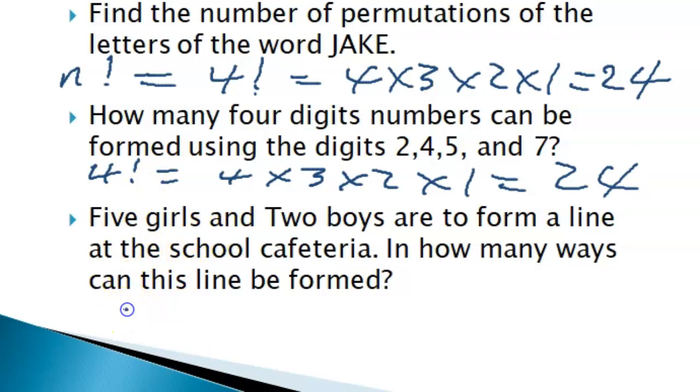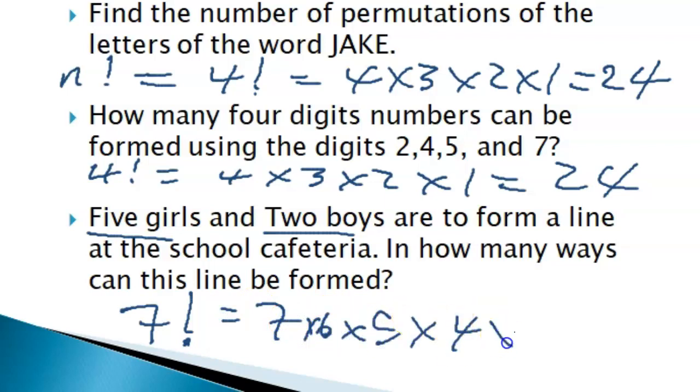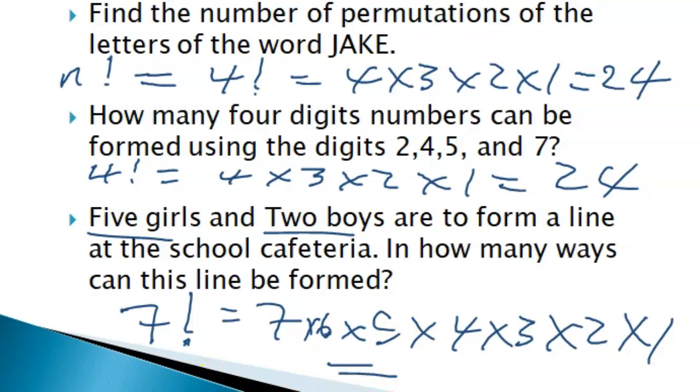So the number of different ways of forming this line is 7 factorial, which is 7 times 6 times 5 times 4 times 3 times 2 times 1, and that's equal to 5040. So there are 5040 ways of forming a line which has 5 girls and 2 boys.